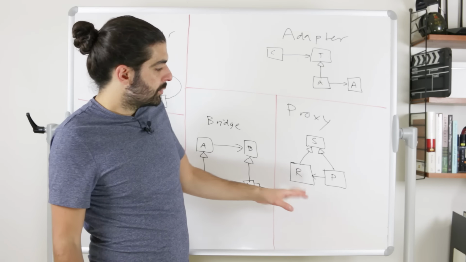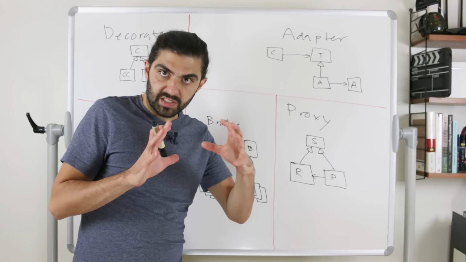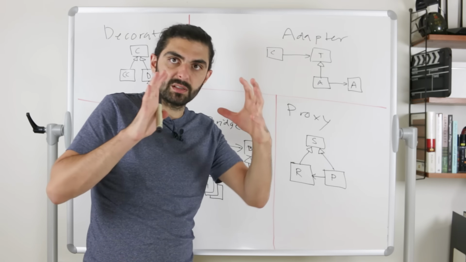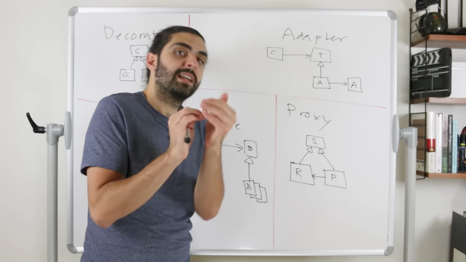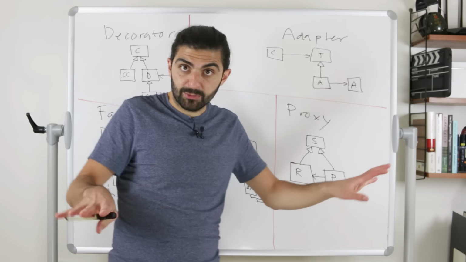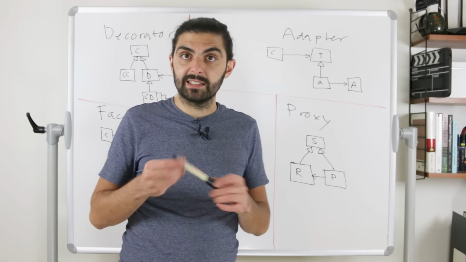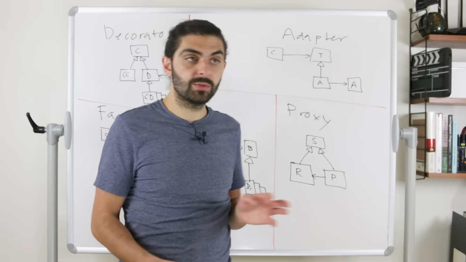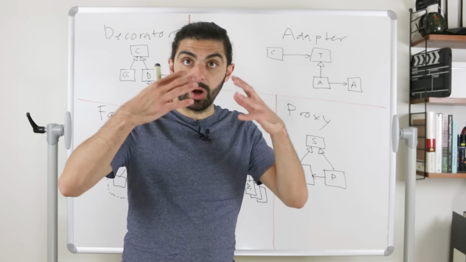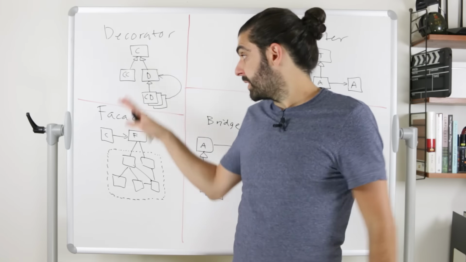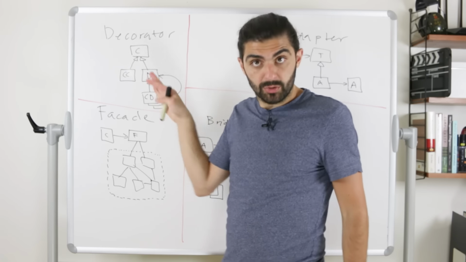And you could do the same thing with proxies, where you have a proxy that proxies some proxy that in turn proxies some real subject. My understanding from reading these two books is that that's not necessarily the common use case for a proxy pattern. The common use case is simply that you have a single thing that you want to proxy, that you want to control access to. While with the decorator pattern, that's actually what you're looking for.